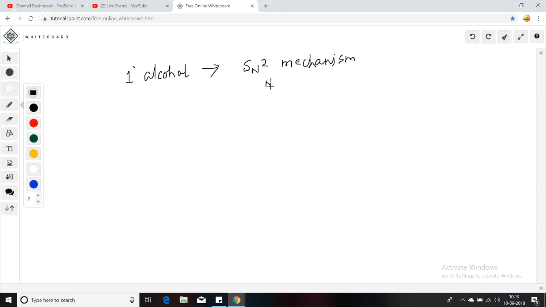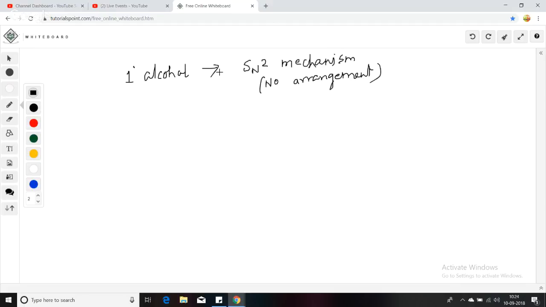Means there will be no rearrangement. And it is all because of the stability of carbocation. Okay, if carbocation is stable, then the reaction may follow SN1 mechanism.